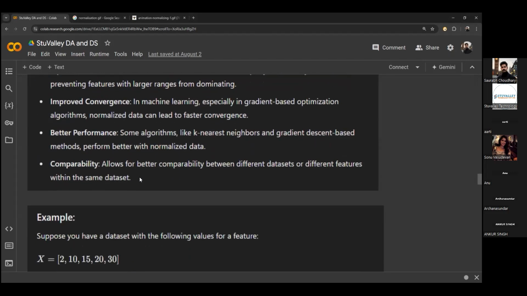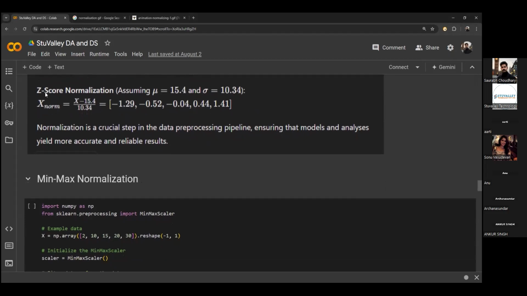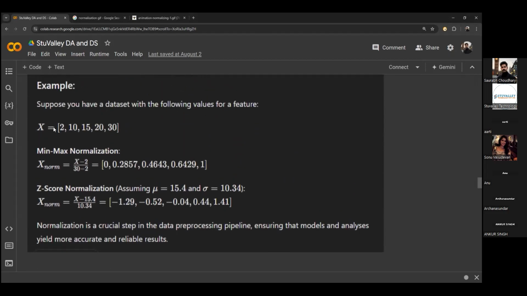For example, this is given over here. Assuming that we have the mean as 15.4 and the standard deviation this, and use the formula. Use your same data, this one, 2, 10, 15, 20, 30.